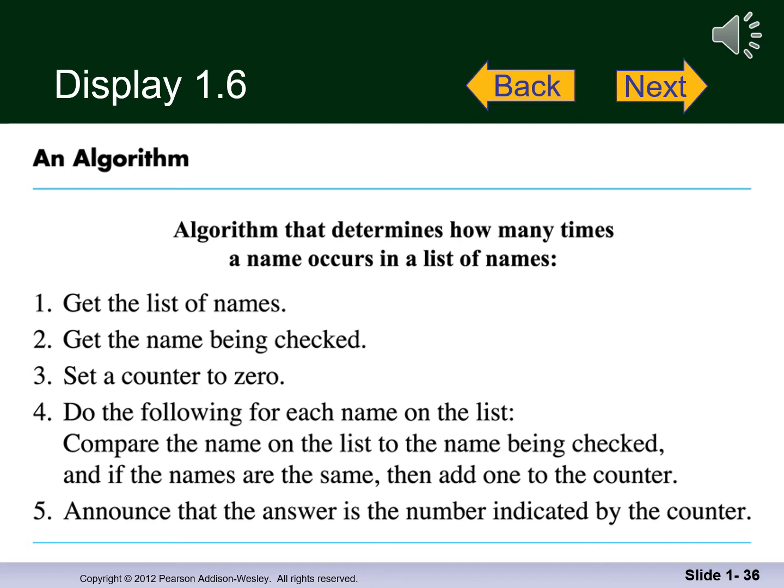The user types in the name they're looking for. This is kind of like the find command in Microsoft Word, and the computer very quickly can process every single name, comparing each one to the name that was input, the name you're looking for, and each time it finds it, it increments the counter by 1. Very, very simple program for the find command in almost any word processor you've ever used.